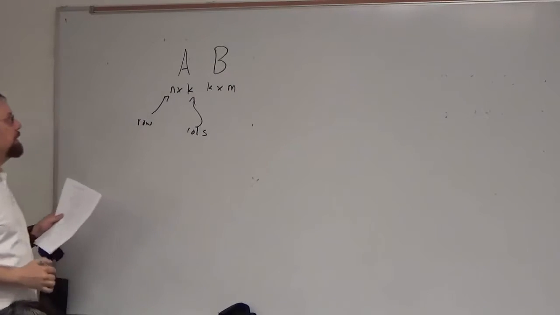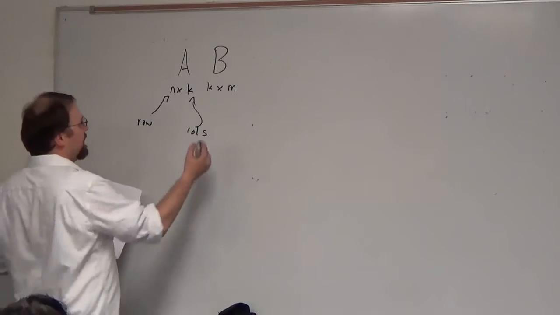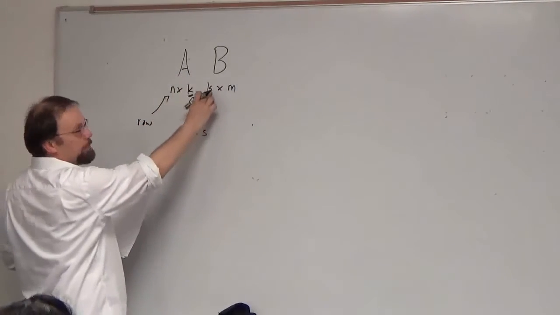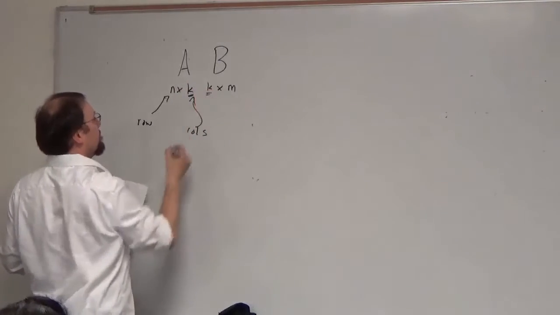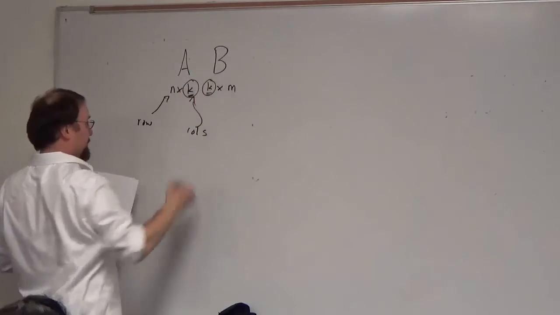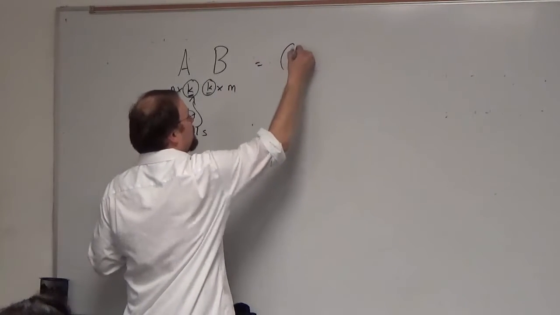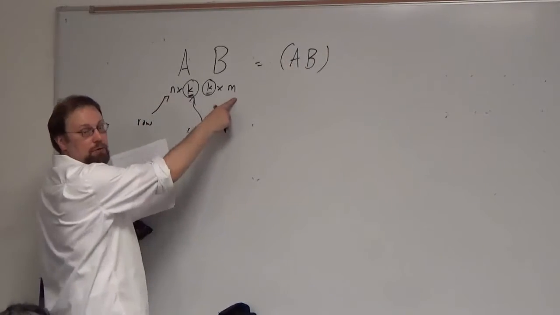And for the multiplication of 2 matrices to be defined, the number of columns in the left matrix has to match the number of rows in the right matrix. Right? These have to agree. If these agree, then the multiplication is defined, and then A times B will be an n by m matrix.